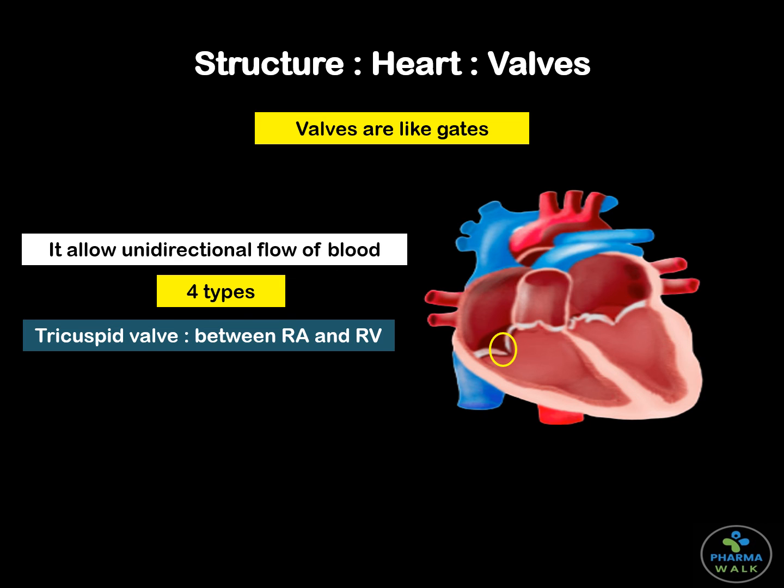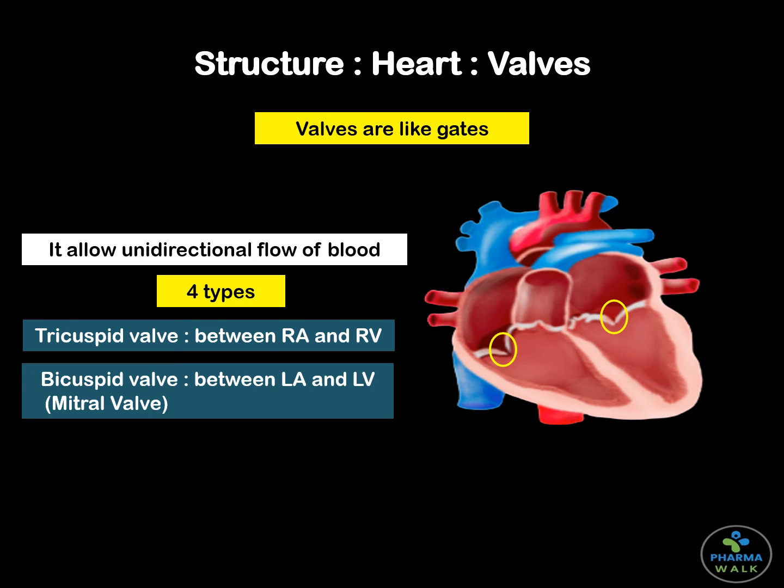So it prevents the reverse flow. It allows only unidirectional flow of blood. So that's the tricuspid valve. Second, the bicuspid, also called the mitral valve, located between the left atrium and left ventricle. Same function, unidirectional flow of blood.